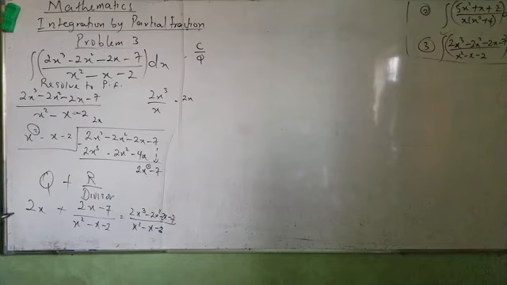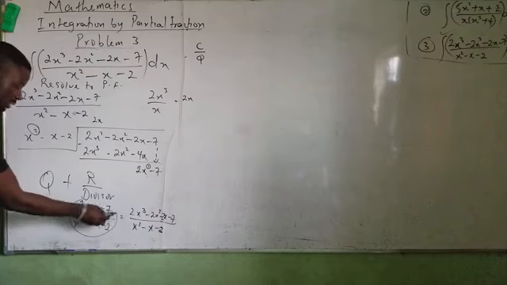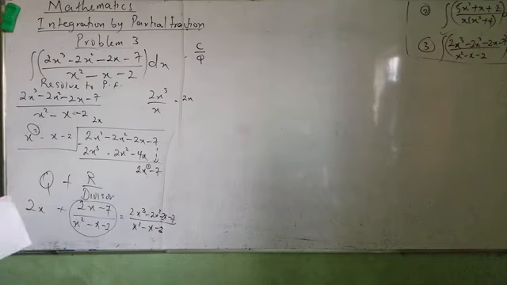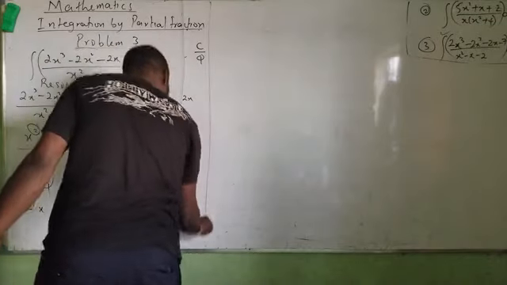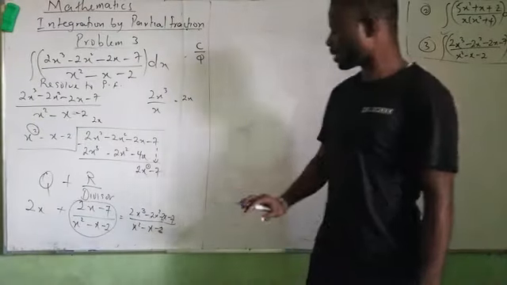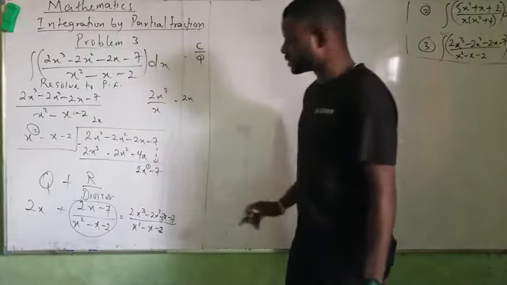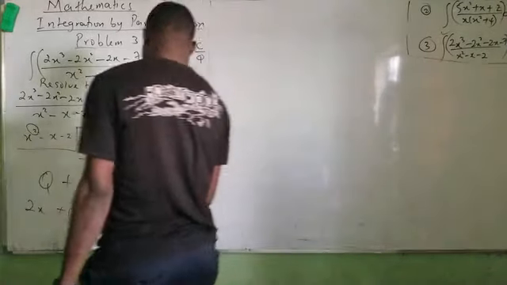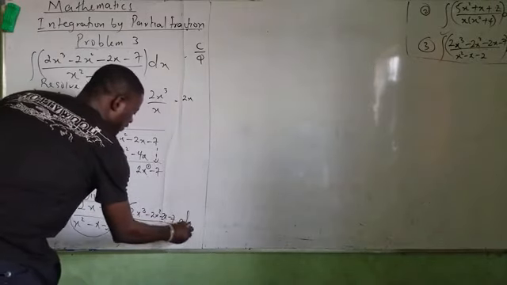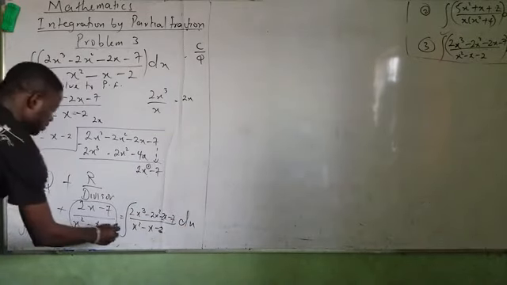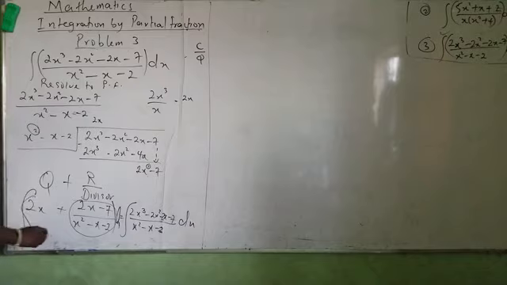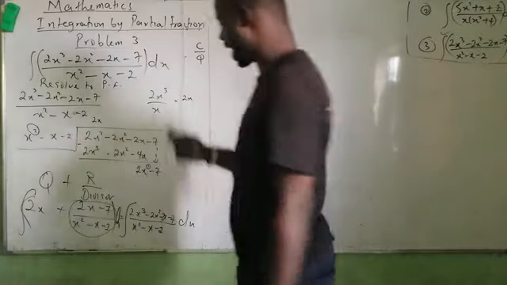But this is still complex, so take note of that. I can now continue by trying to make this one more simple, because we are integrating with respect to x. I also will be integrating with respect to x.